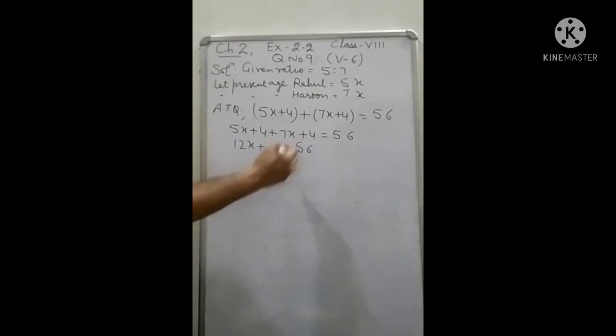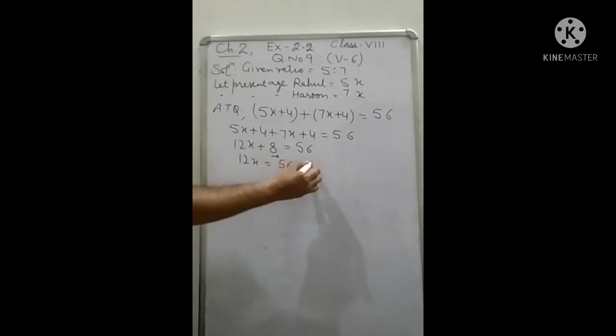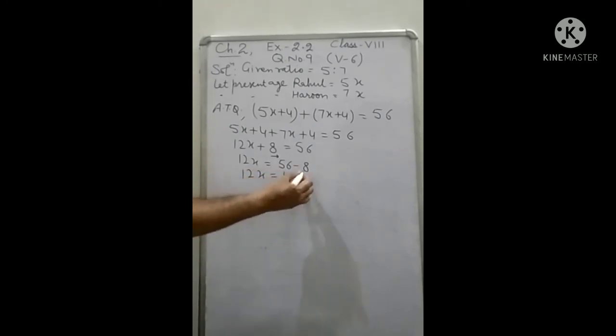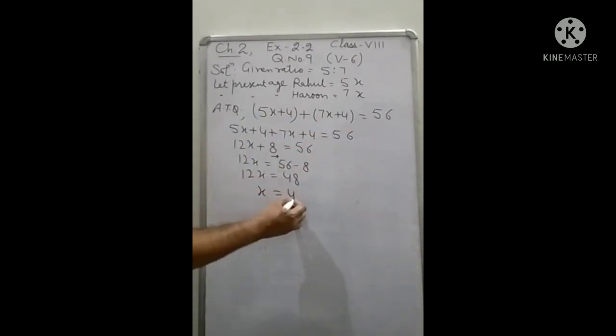Now transpose 8 to this side, so you will get 12x equals 56 minus 8. So 12x will be 48. Now from here we have to find the value of x, so we transpose 12 to the right hand side. So it will be 48 by 12.